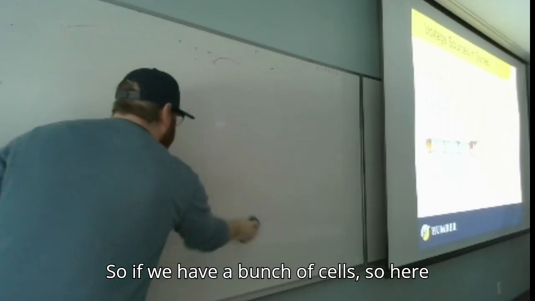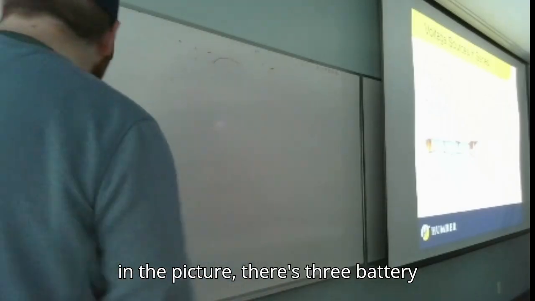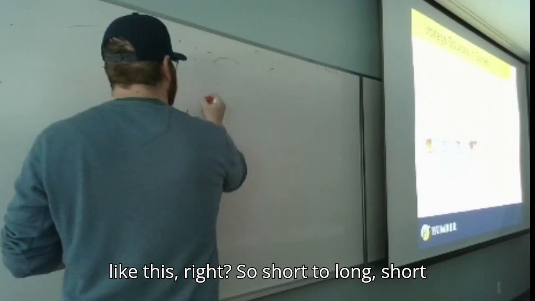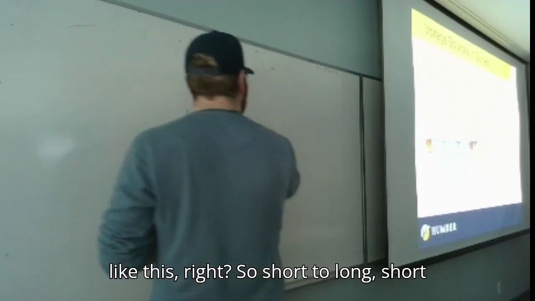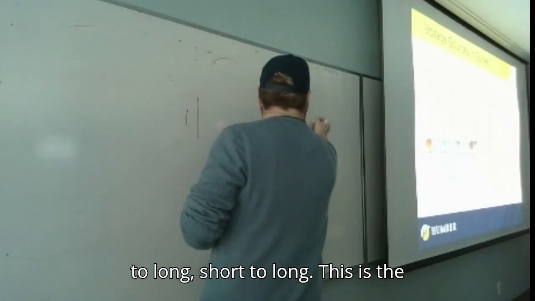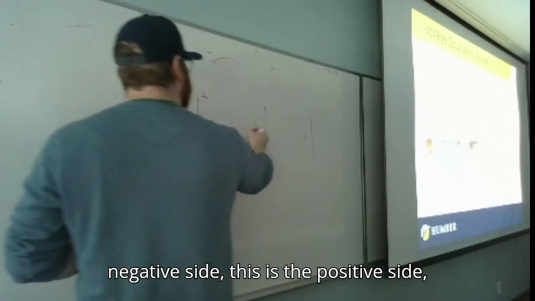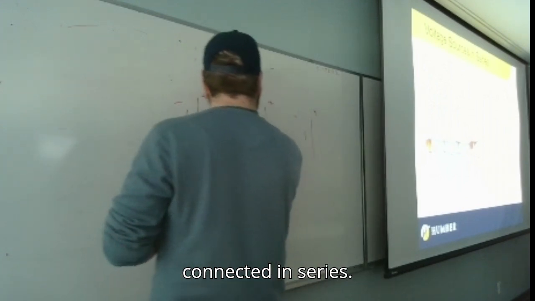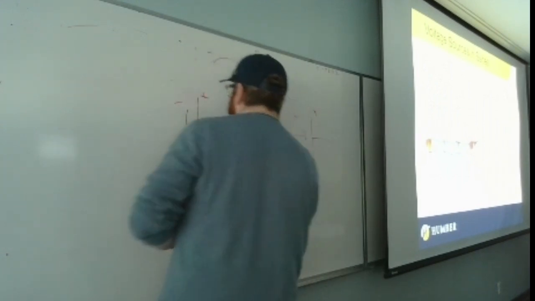So if we have a bunch of cells, so here in the picture, there's 3 battery cells, right? So we're gonna add these like this, right? Short to long, short to long, short to long. This is the negative side, this is the positive side, negative side, positive side, negative side, positive side, and they're all connected in series.